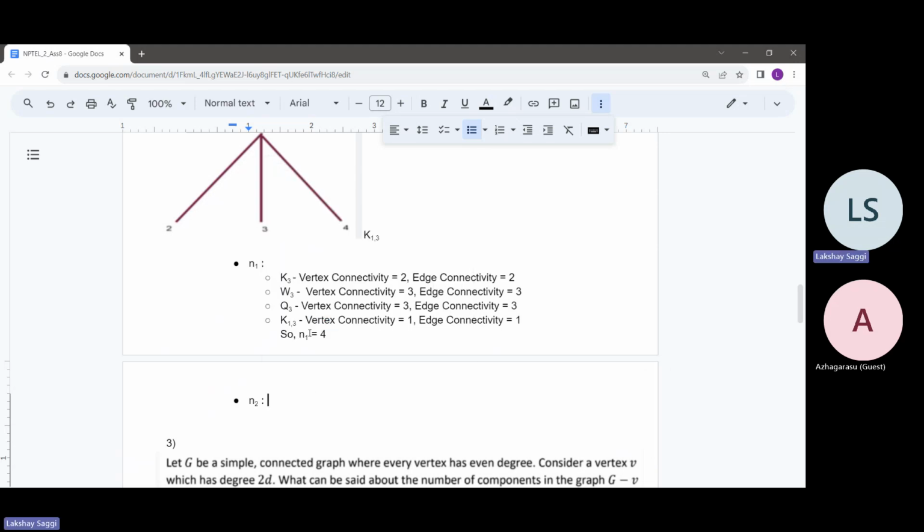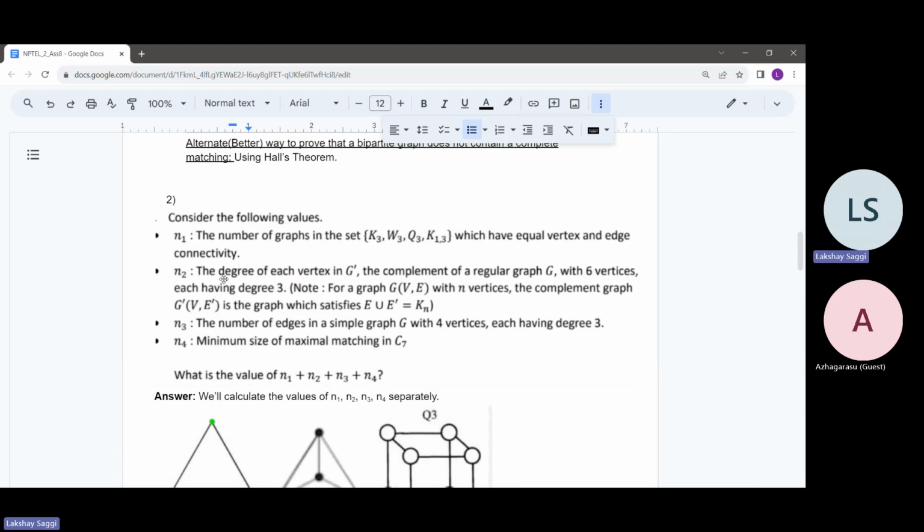What's N2 defined here? N2 is the degree of each vertex in G prime, which is the complement of a regular graph with 6 vertices, each having degree 3. If you have seen the lecture, what's a regular graph? A regular graph is a graph in which every vertex has equal degree.